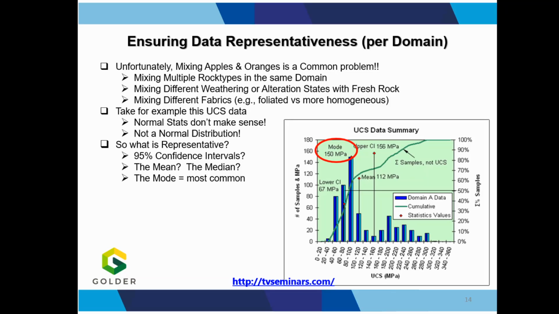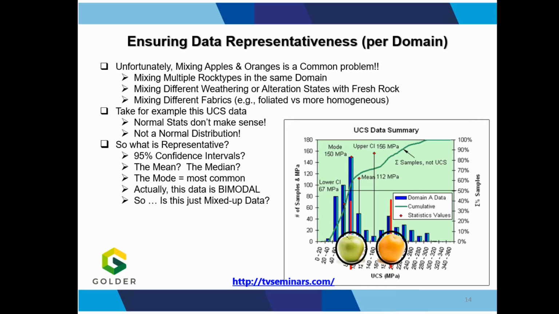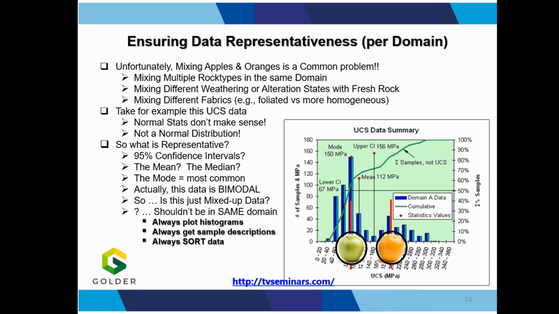The mode? Actually, none, because this distribution is bimodal and we are mixing apples and oranges. We have just mixed up data. They shouldn't be in the same domain, yet we commonly see this in data being used for modeling. So always plot histograms, always get sample descriptions, check to see that they are the same, always sort the data.